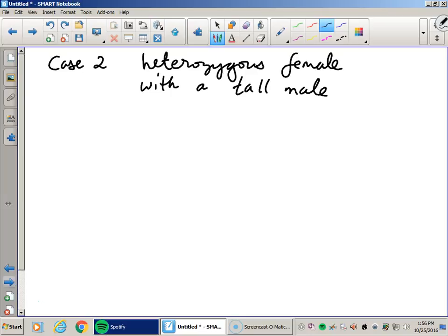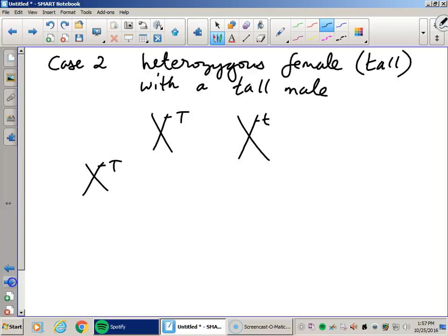Okay? And when I say heterozygous, I imply her phenotype right away. If she's heterozygous, she must be tall. Okay, so that's one, and that's another option for her. Tall male and Y chromosome.